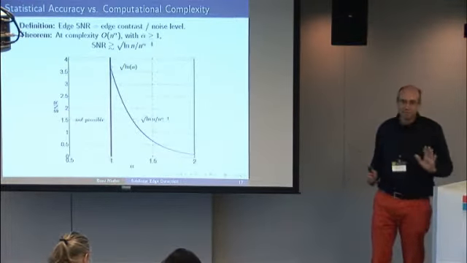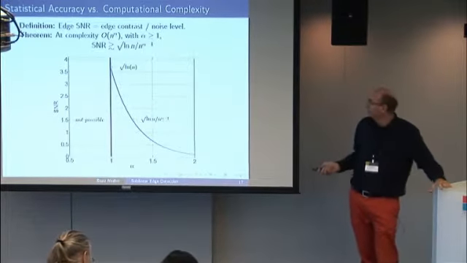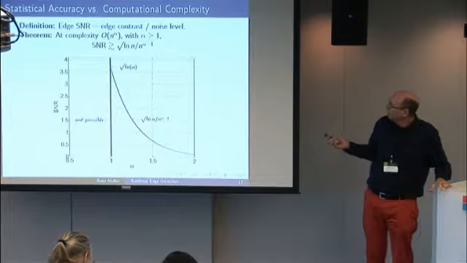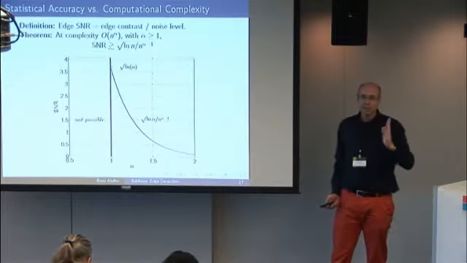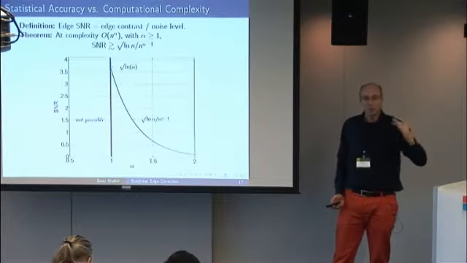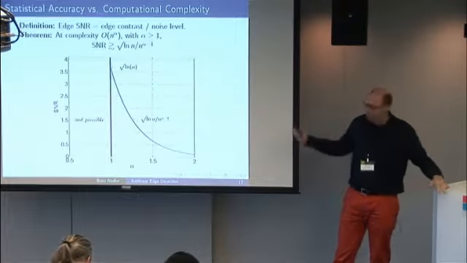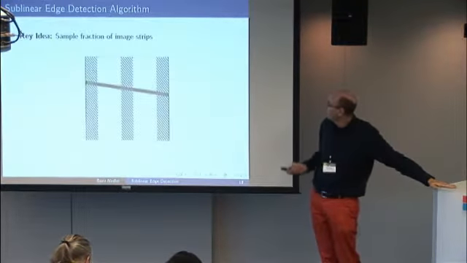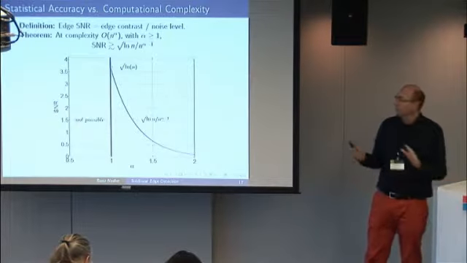But this is a worst case scenario, if you wish. I should say that given that for alpha between 1 and 2 we sample whole columns, our detection power for edges is the same regardless of their location and orientation. So that was the theoretical part.